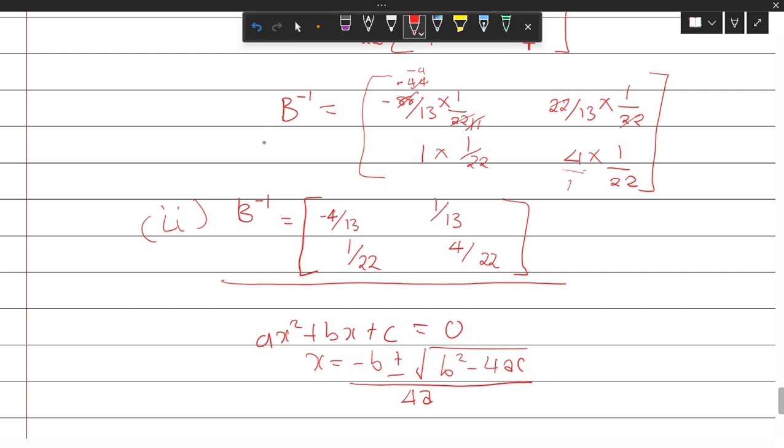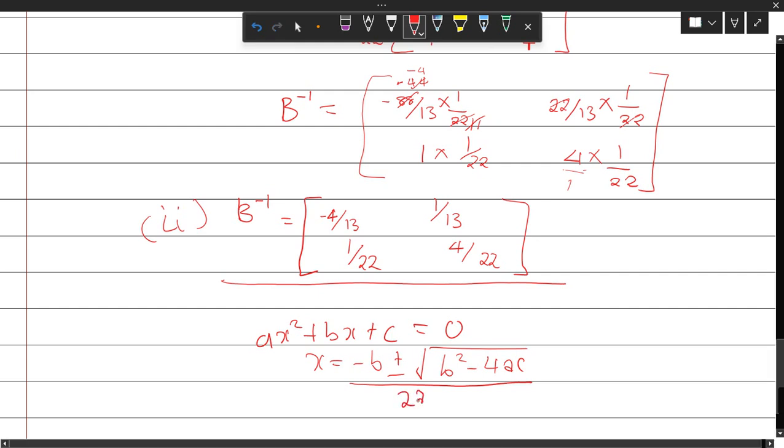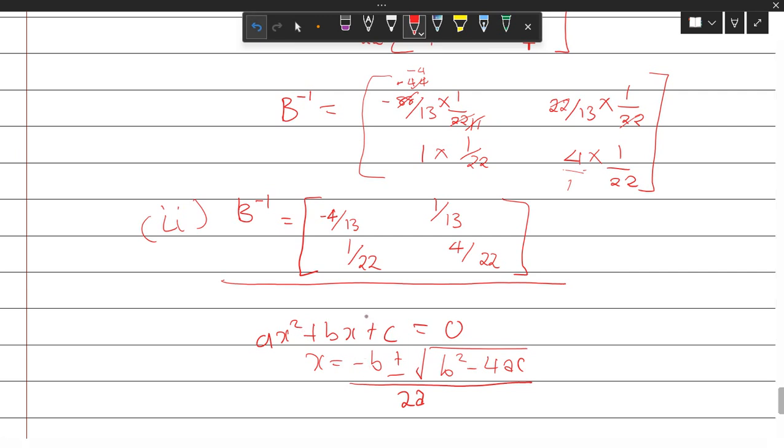Sorry, this is 2a, not 4a. Okay, sorry for that. So everything is over 2a. This is the quadratic formula. So you replace the values or the coefficients accordingly.